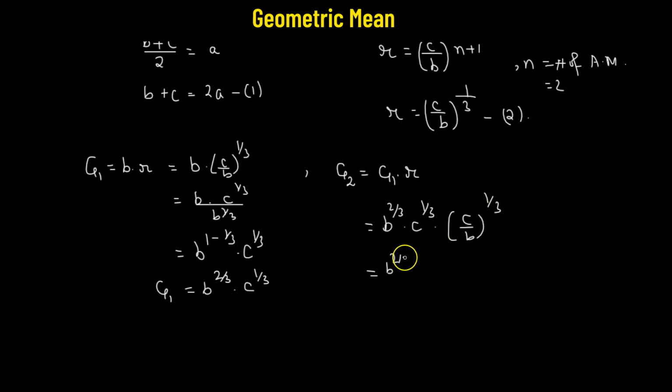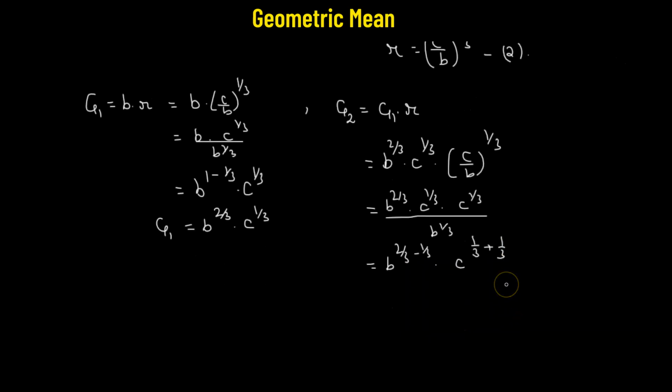We have b raised to the power of 2/3 times c raised to the power of 1/3 times c raised to the power of 1/3 divided by b raised to the power of 1/3, which will become b raised to the power of 2/3 minus 1/3 multiplied by c raised to the power of 1/3 plus 1/3. We're using the laws of indices here. Therefore g2 becomes b raised to the power of 1/3 times c raised to the power of 2/3. So we have obtained the values of g1 and g2.